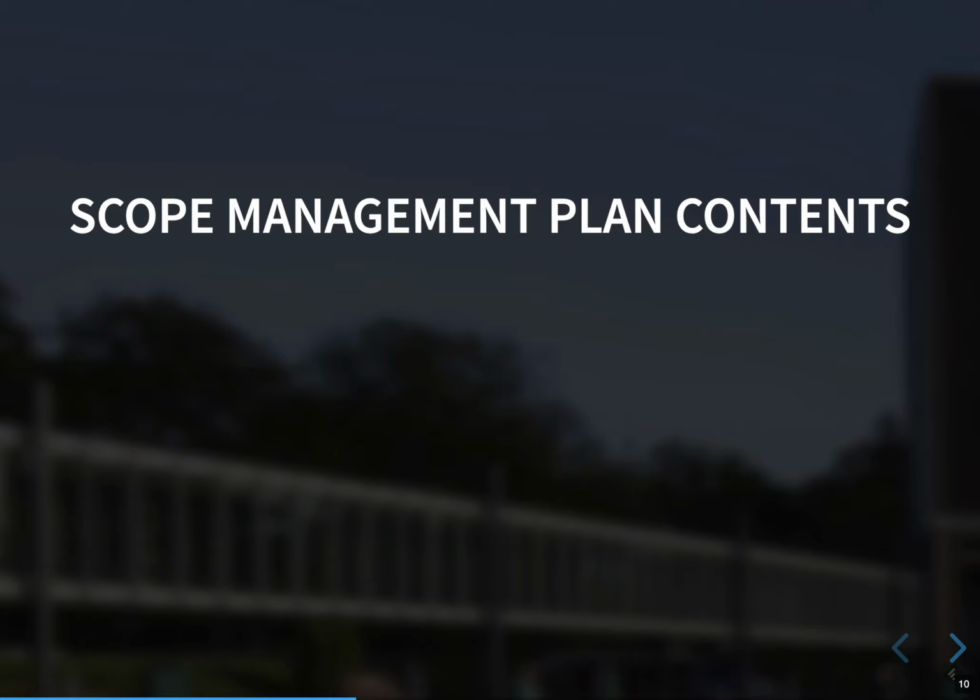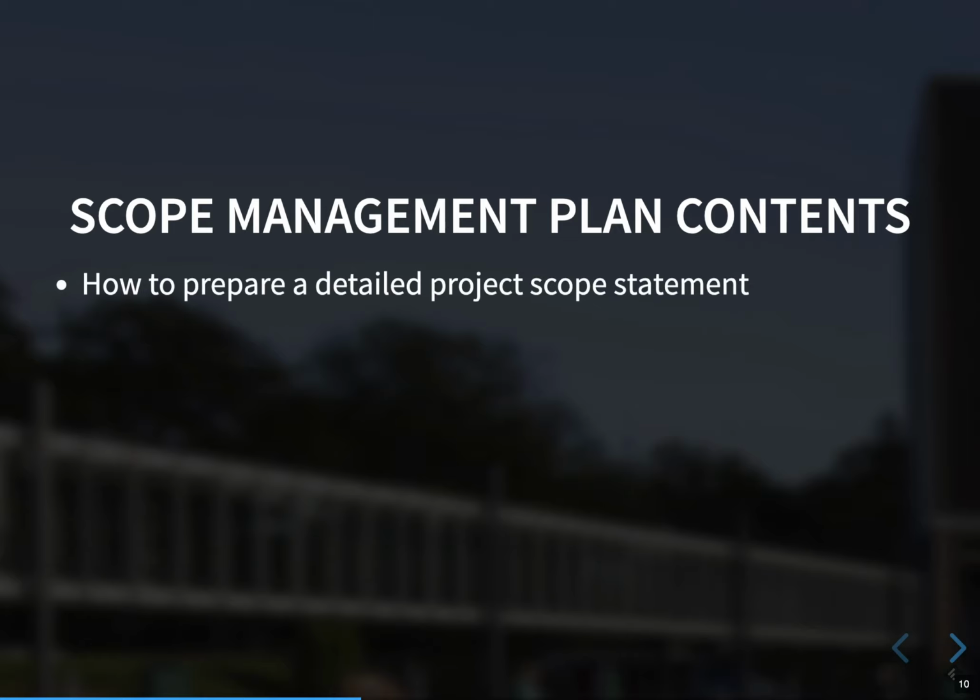What is in this scope management plan? Again, as I mentioned earlier, these management plans are how-to plans. So it's about the question of how to prepare a detailed project scope statement. Also, you describe how to create a work breakdown structure. For example, how and where will it be stored? Will it be versioned, and how?